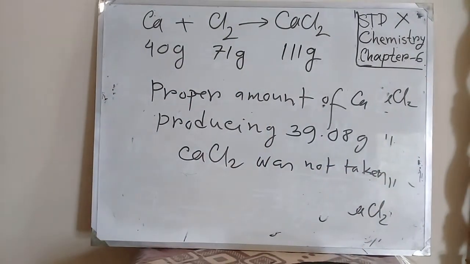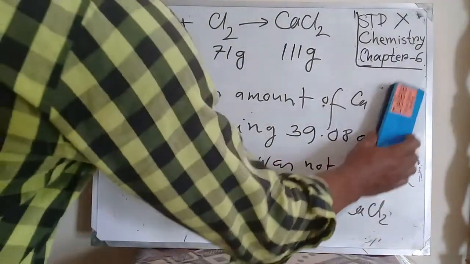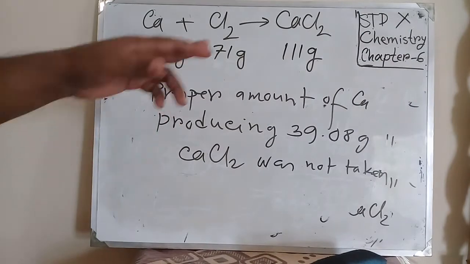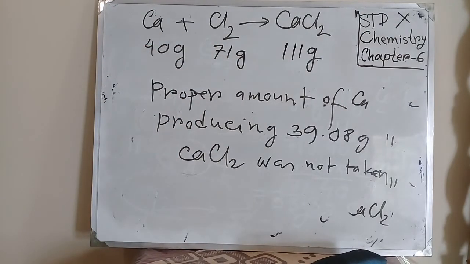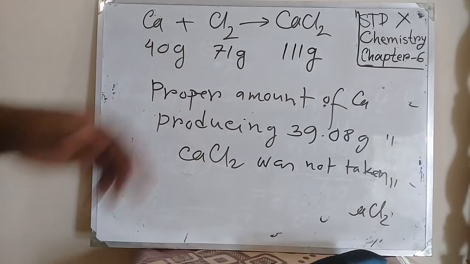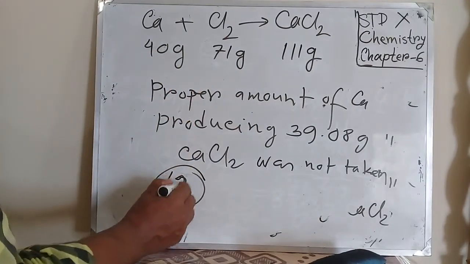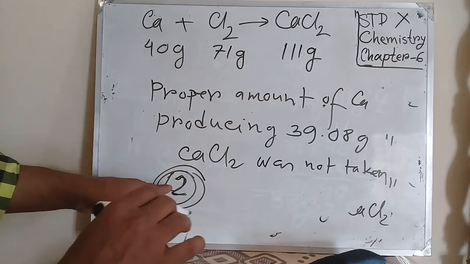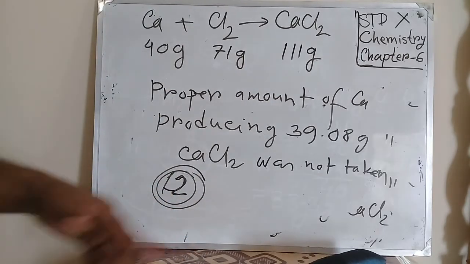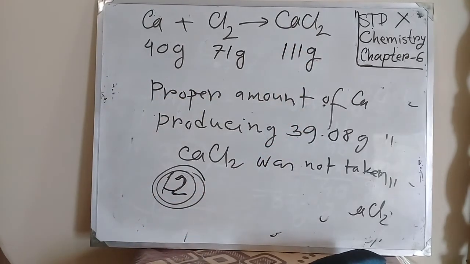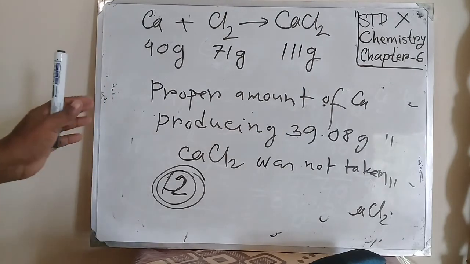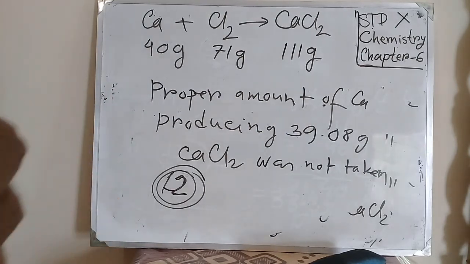This is the reason. The proper amount of calcium for producing 39 gram calcium chloride was not taken. So this 12 gram is the reason. This is not the perfect amount to produce 39.08 gram calcium chloride. So this is the answer. Thank you very much.